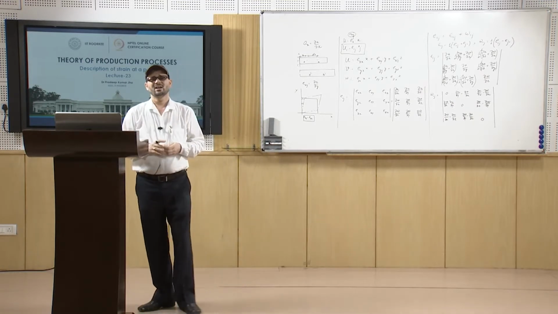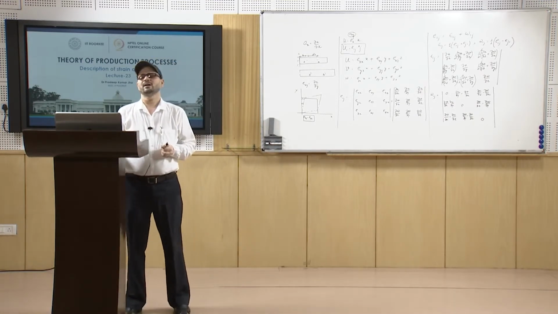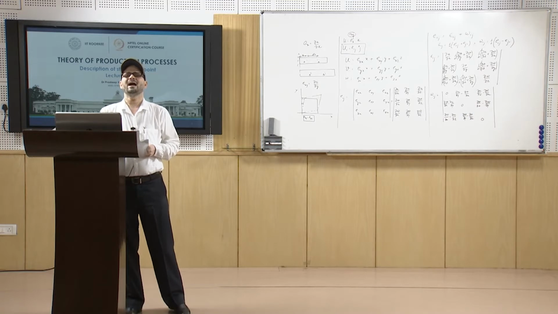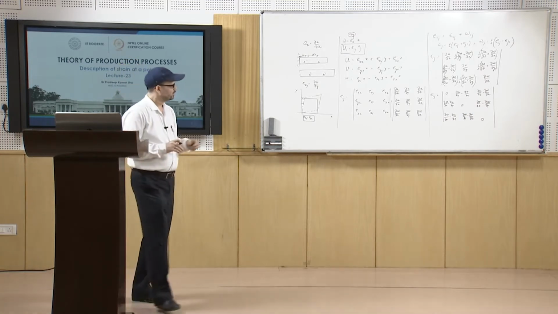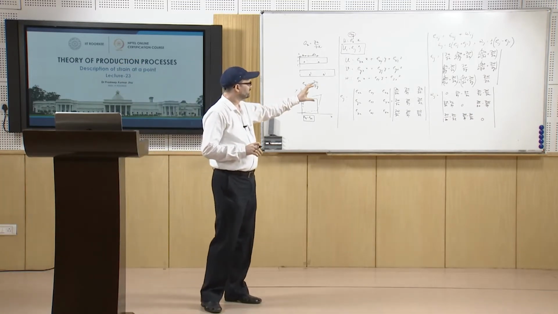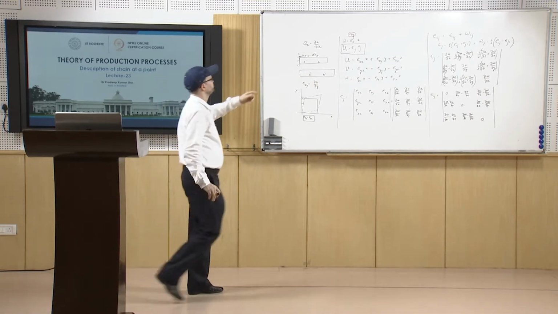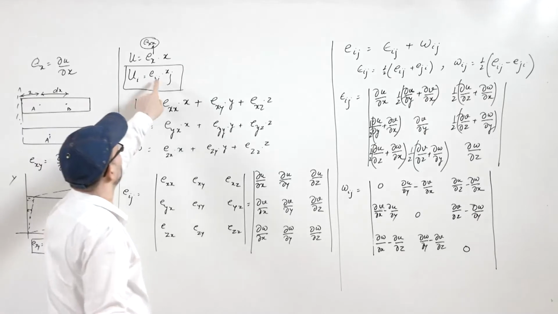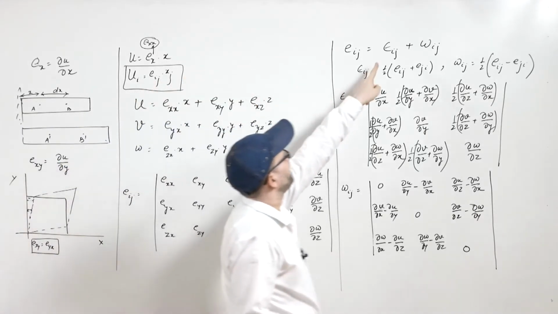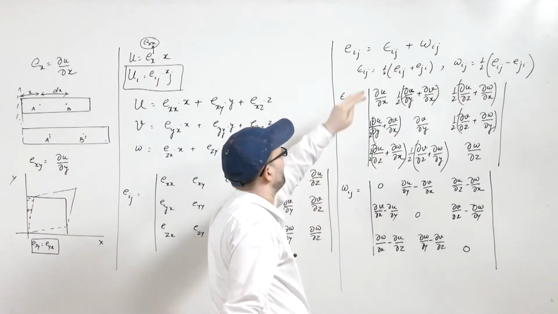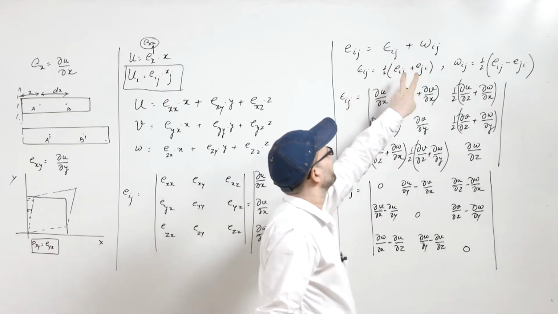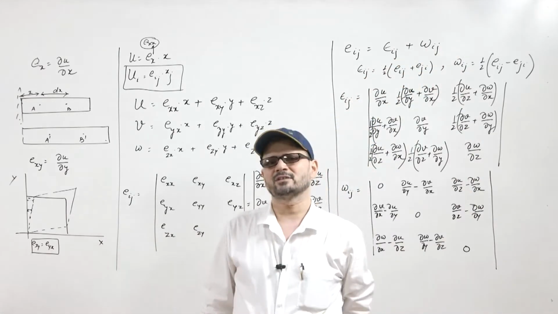Now the thing is that you have the shear strain definition, and now here what we see is that ui you can further define. So this Eij basically is defined as epsilon ij plus omega ij. Epsilon ij becomes the strain tensor and this becomes the rotation tensor.